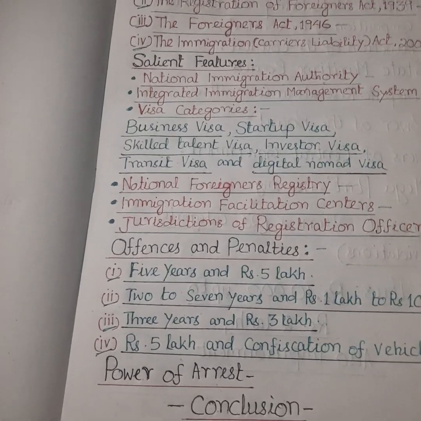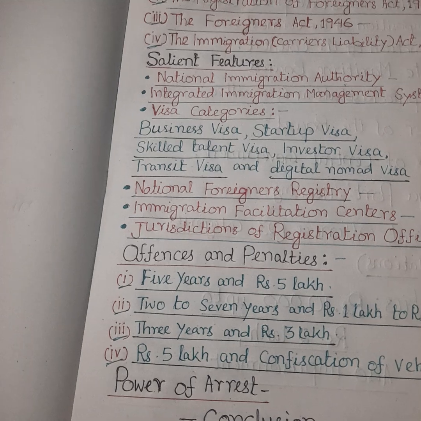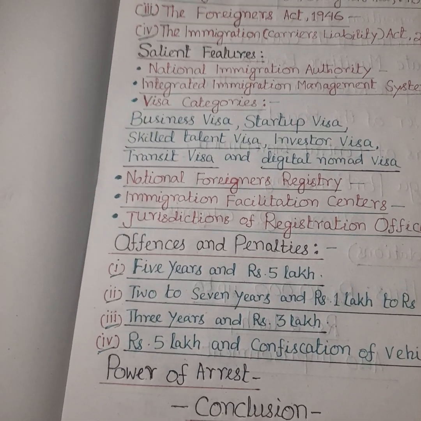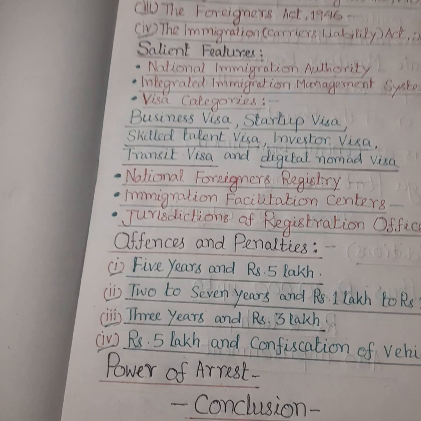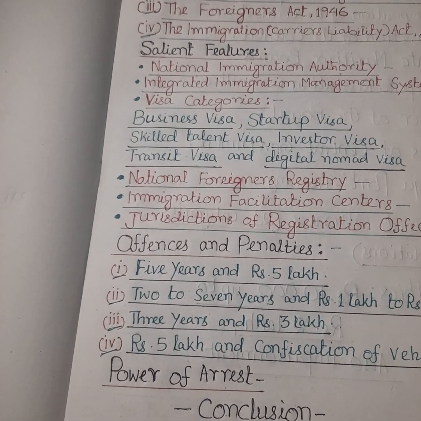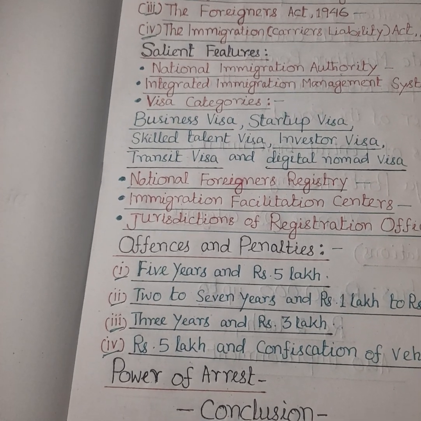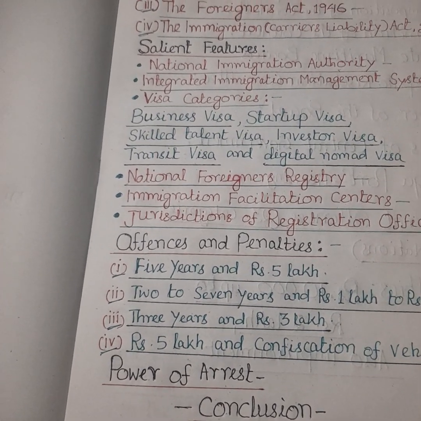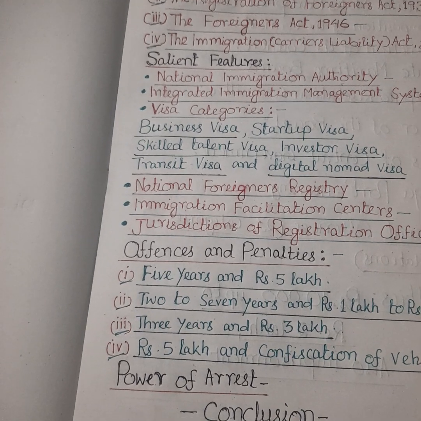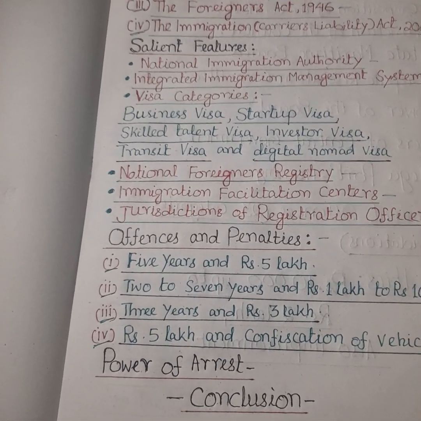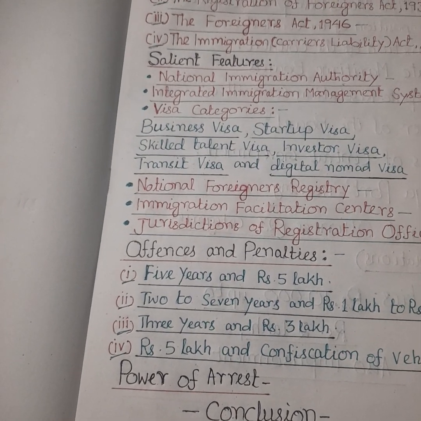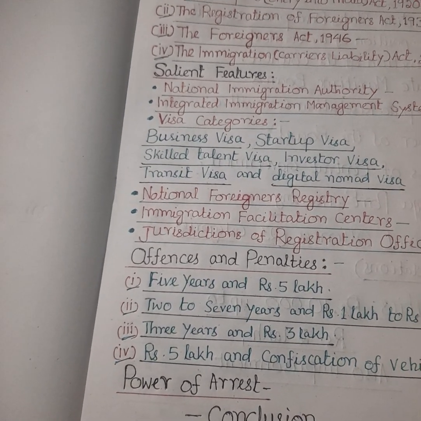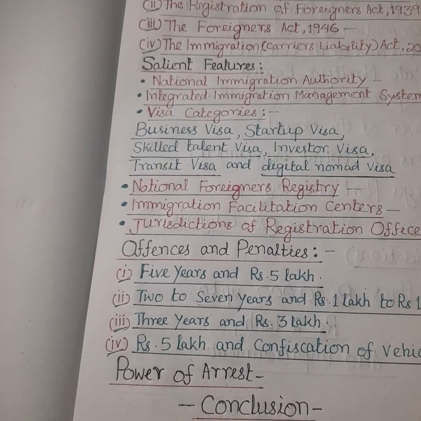The use of forged or counterfeit documents could attract imprisonment ranging from 2 to 7 years, accompanied by fines between Rs 1 lakh and Rs 10 lakh, and those who overstay their visa or breach visa conditions may be penalized with a jail term up to 3 years and fine up to Rs 3 lakh. Additionally, individuals found transporting foreigners lacking proper documentation may incur a fine of Rs 5 lakh and risk having their vehicles confiscated.